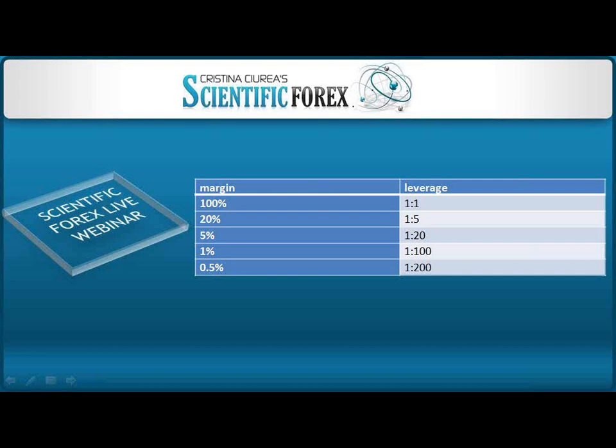If you have a 5-digit platform, like this one that I am using for webinars from Varengold, or if you have a 4-digit platform, the leverage is related to the value of the pips.